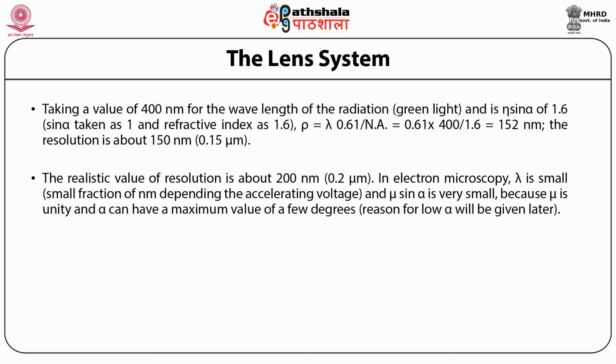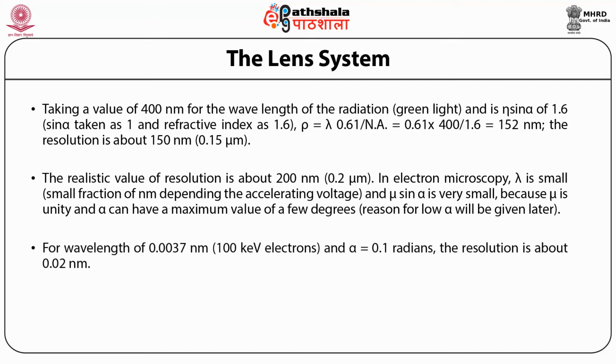In electron microscopy, lambda is a small fraction of a nanometer, depending upon the accelerating voltage, and mu sine alpha is further small because mu is unity and alpha can have a maximum value of a few degrees.